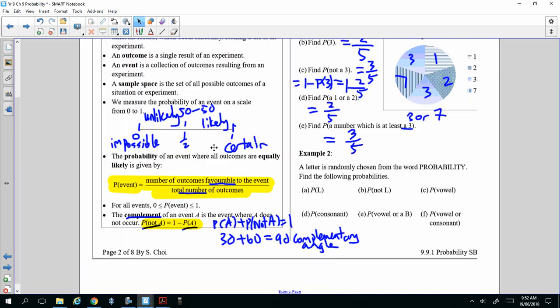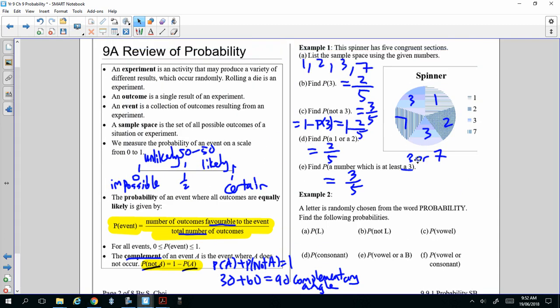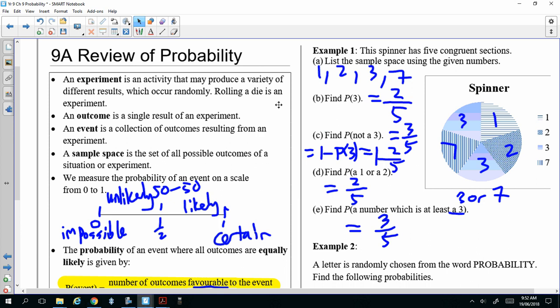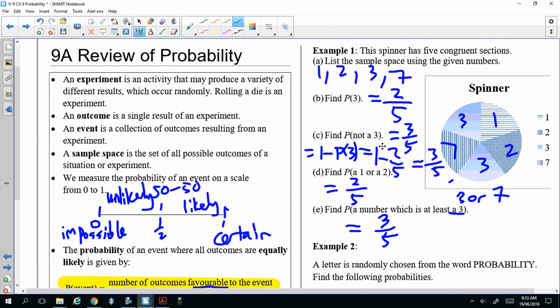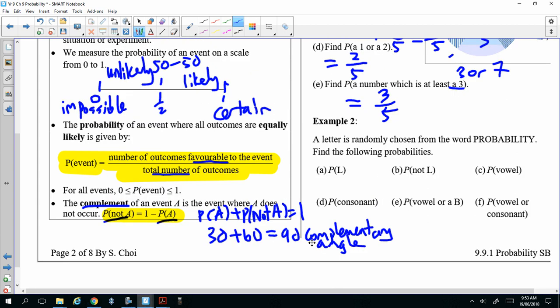Yeah, that's 1 minus 2/5, which becomes 3/5. I'll write it again, it wasn't very clear. P means probability of an event, P of the event. This is another formula to calculate the probability of a complementary event.